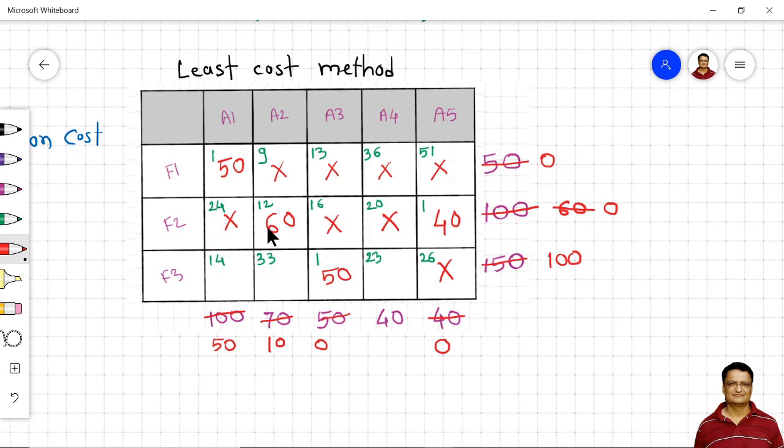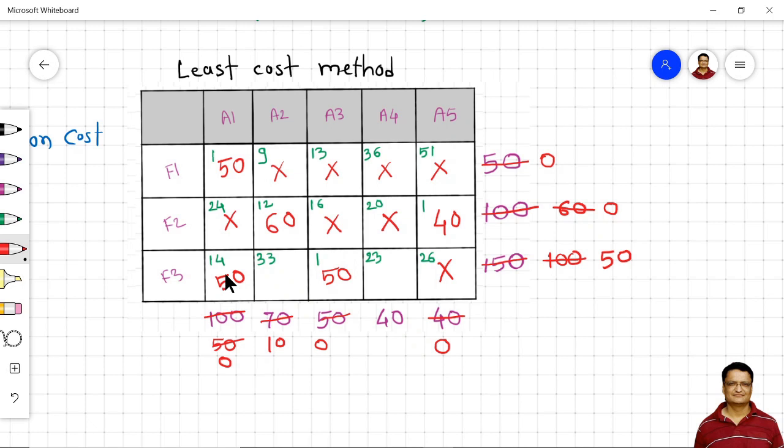Now out of these 3 remaining cells, the smallest value is this cell of 14 unit transportation cost, and I can allocate 50 units over here, and this particular requirement will be reduced to 0, and there will be a balance of 50 units from the supply side.